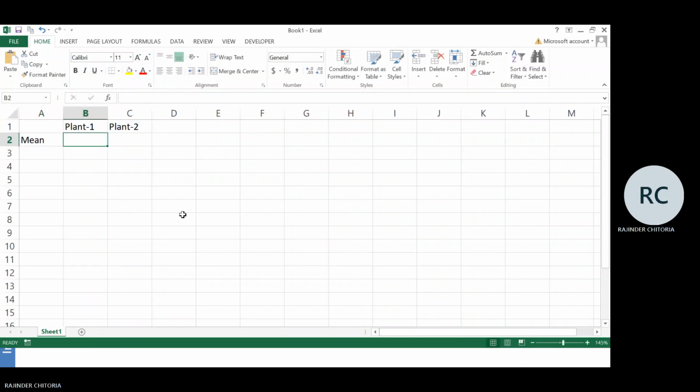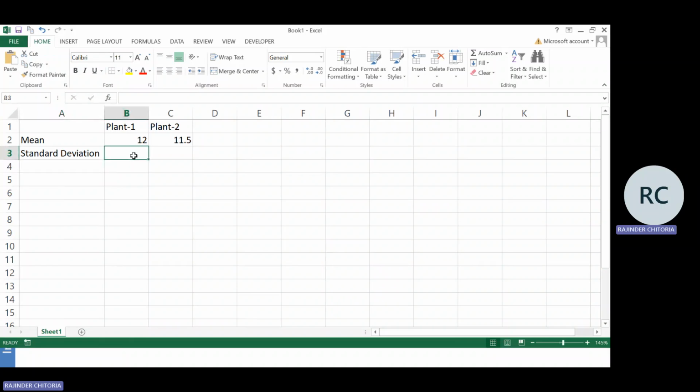Let's say we have taken a mean of 12 here and 11.5 here. For the sample standard deviation, hypothetically we take 4 here and 3 here, and we have 6 observations in each group. Now let's run the formula.